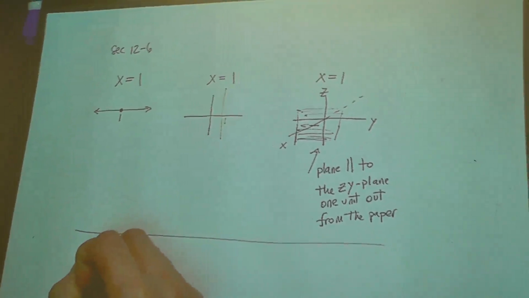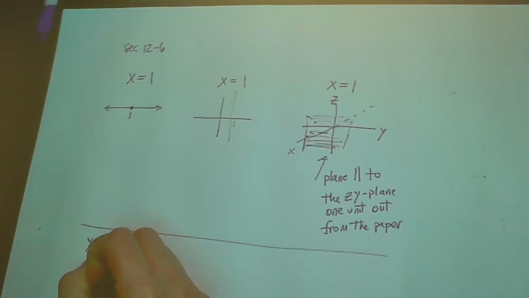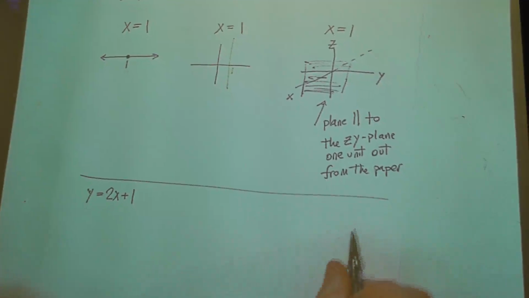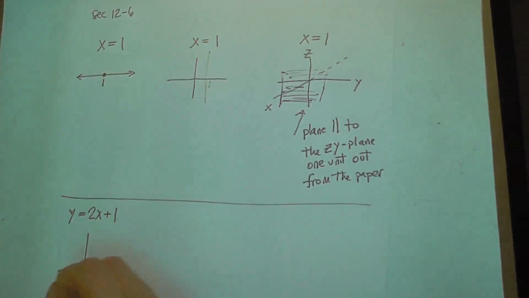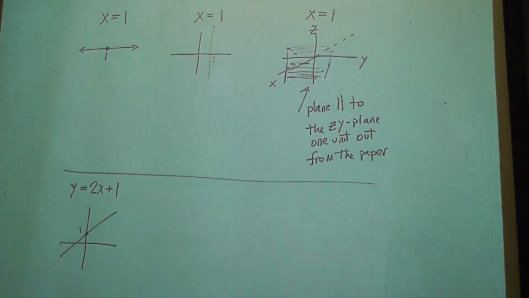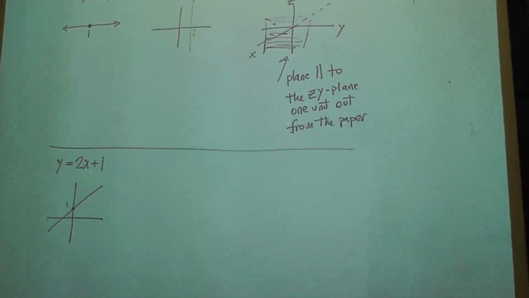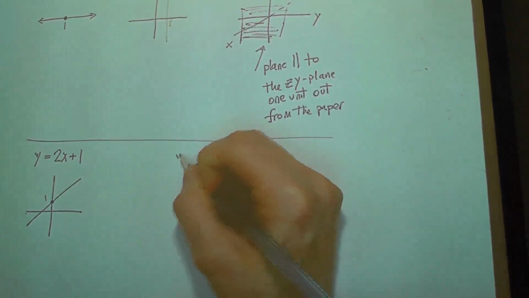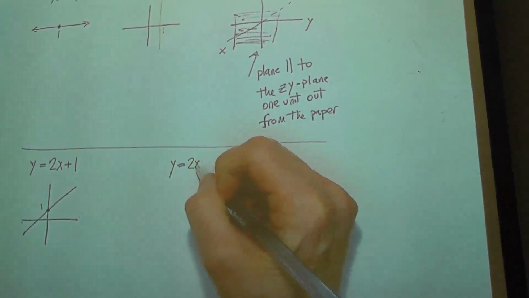If I write y equals 2x plus 1 in 2 dimensions, that's a line, with a y-intercept of 1. In 3 dimensions, it's a plane.